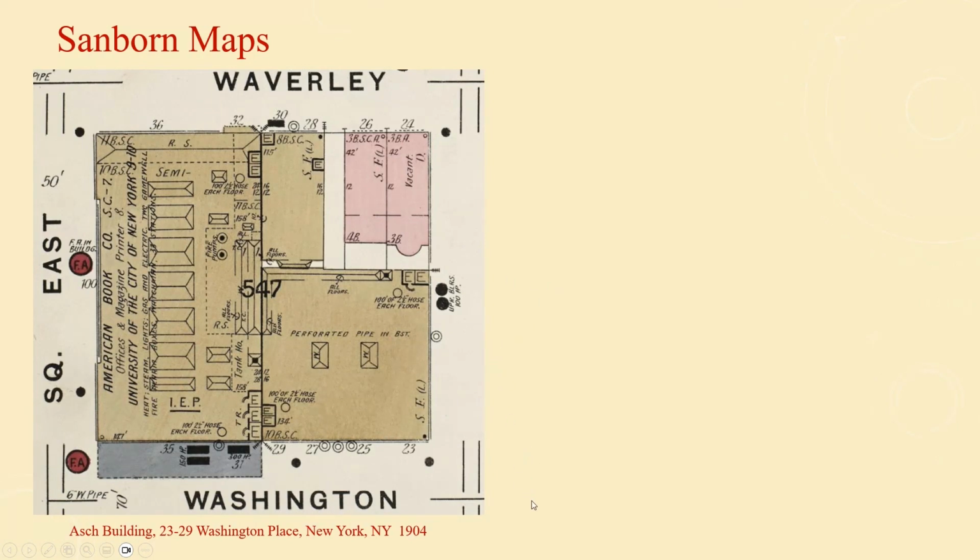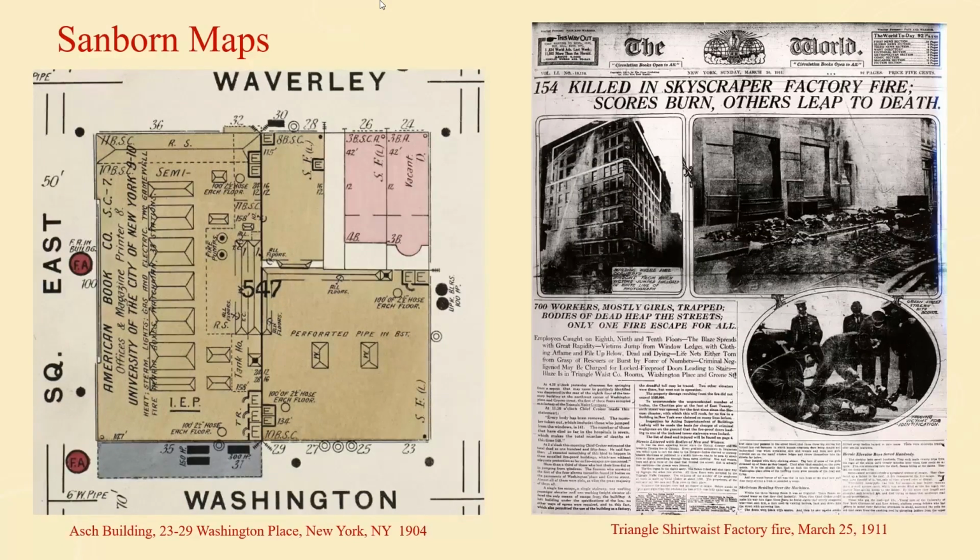Well, in 1911, the top 3 floors of this building were occupied by a garment manufacturer that made blouses for women called shirtwaists. It was the Triangle Shirtwaist Factory, and there was a very devastating fire in that building in 1911.